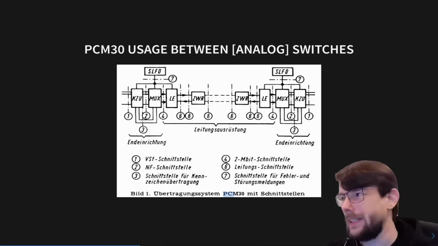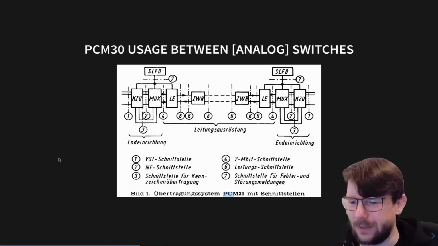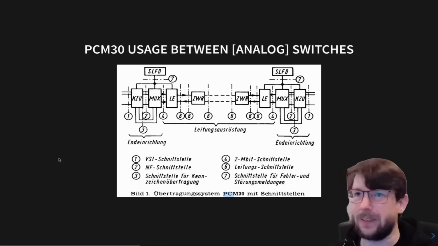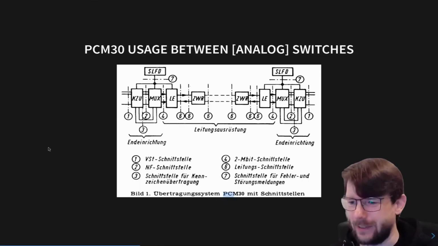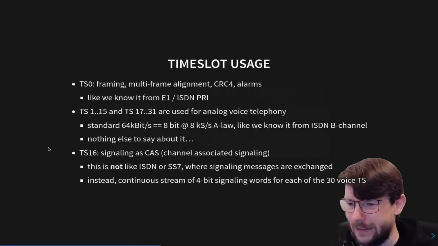So you can have as many as you want, and the signal will not deteriorate, unlike analog transmission with analog amplifiers, where every time you amplify, you get new distortion, and you amplify noise that was present on the input and amplify that to the output, and so on.